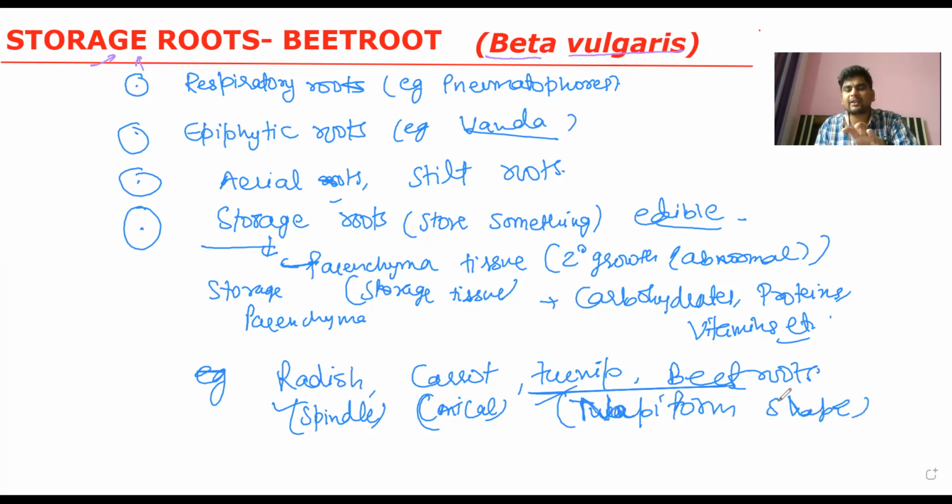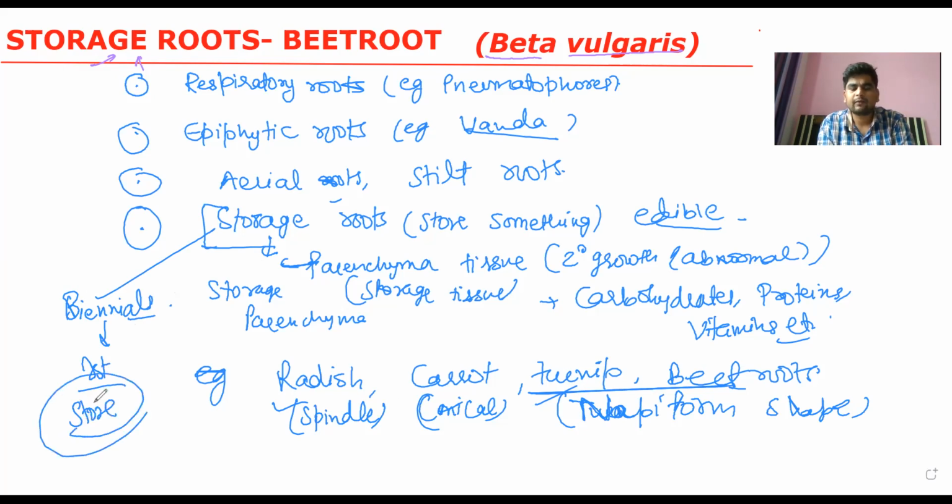So morphologically, their shape may vary according to their storage part, but they all are storage roots. Generally, the storage root plants are biennials. They complete their life cycle in 2 seasons because in their first season, they store something for their nutrition. And in the second year, the main stem part will grow and the flowers will appear or the reproduction will happen. Otherwise, in their first year, they store something. That's why they are biennials.